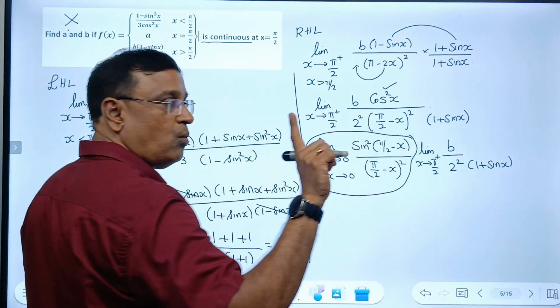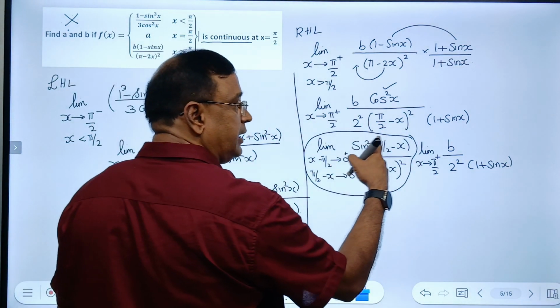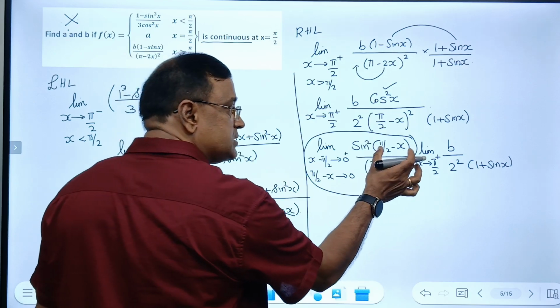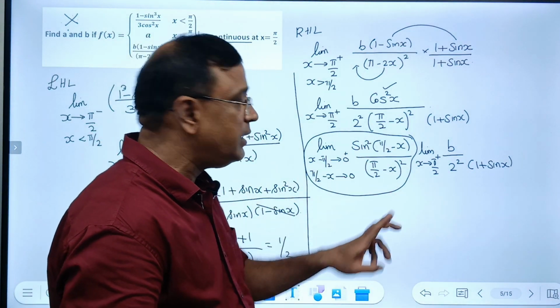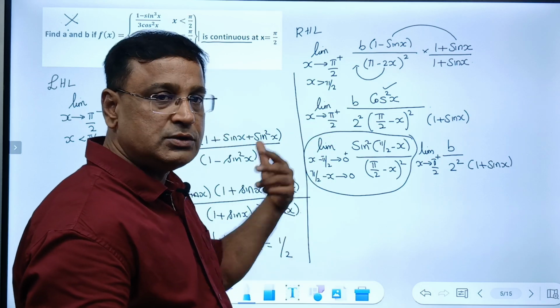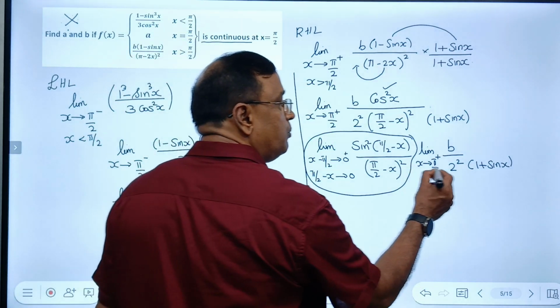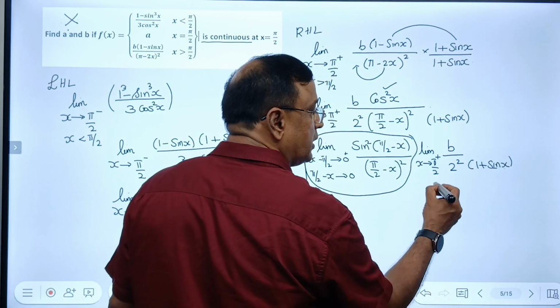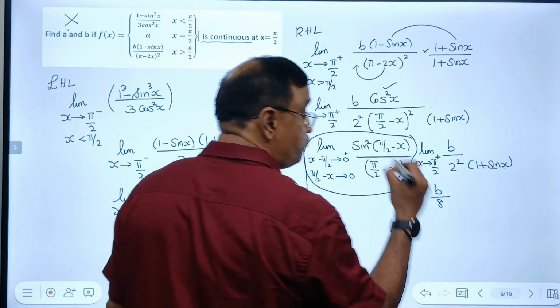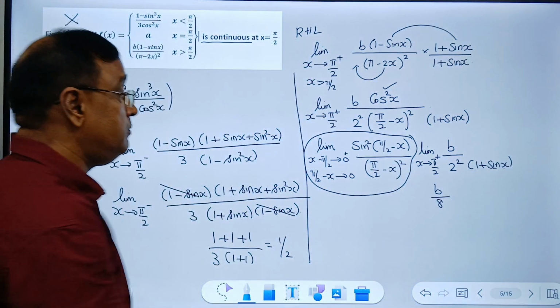This becomes 1, sin x by x, where my x is pi by 2 minus x. So sin of pi by 2 minus x by pi by 2 minus x is 1, whole square, therefore it is 1 square, so it's 1. So when you put x is pi by 2, sin pi by 2 is 1. So 1 plus 1 is 2, so you get b by 8. Correct?